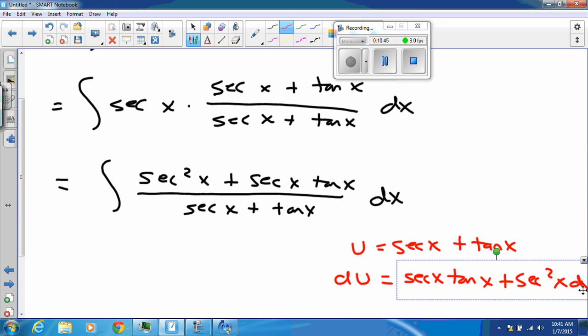Would you look at that? It's right there in the numerator. Mathematically, this is one of the most interesting arbitrary things that happens all year. So that we have then du over u, which gives us the natural log of the absolute value of secant x plus tangent x plus c.